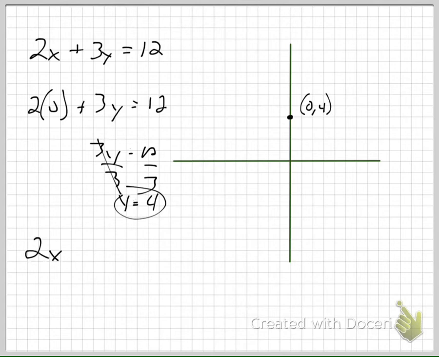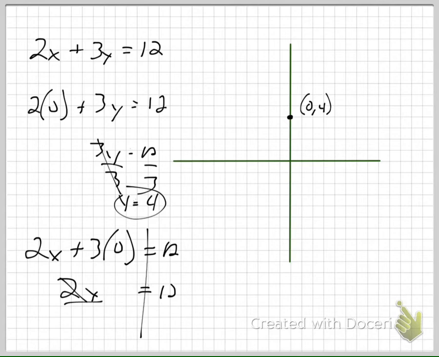Let's rewrite it: 2x plus 3 times 0 equals 12. That would be 2x equals 12. Divide by 2. X equals 6. X is 6 when y is 0. 6, 0. There's my 2 points.